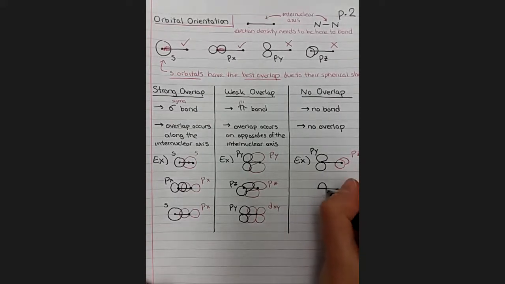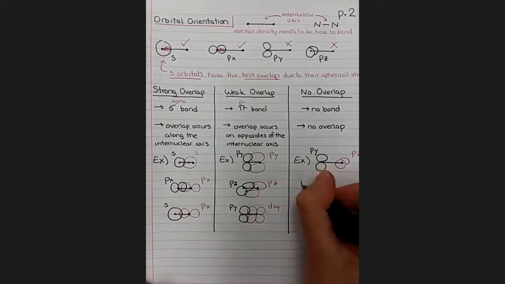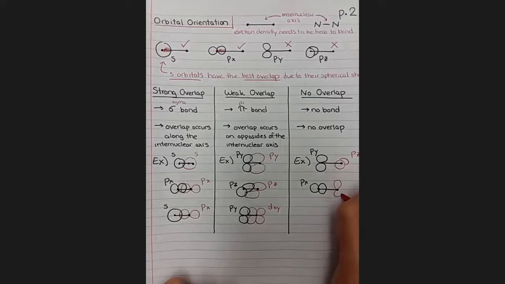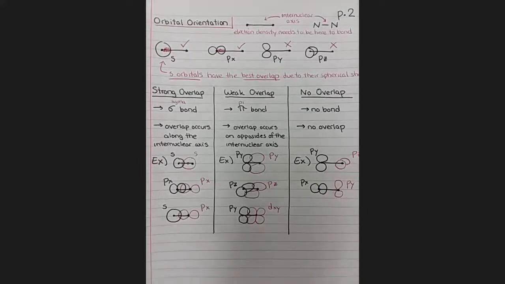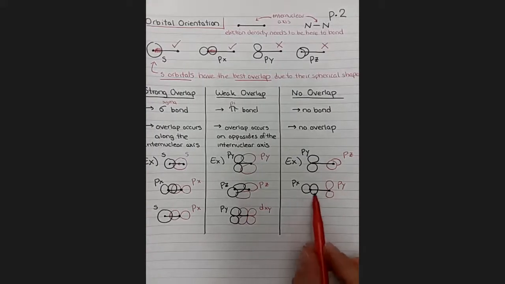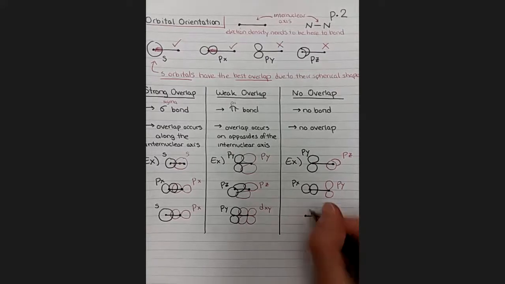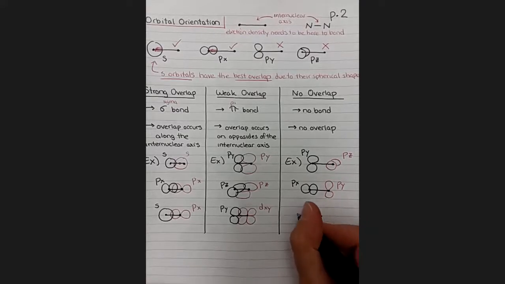Or if we picked the px orbital and the py orbital, again, no overlap whatsoever. This orbital has electron density on the internuclear axis, but this one does not. So there's no overlap there. And there are many situations where choosing a d orbital is not helpful.